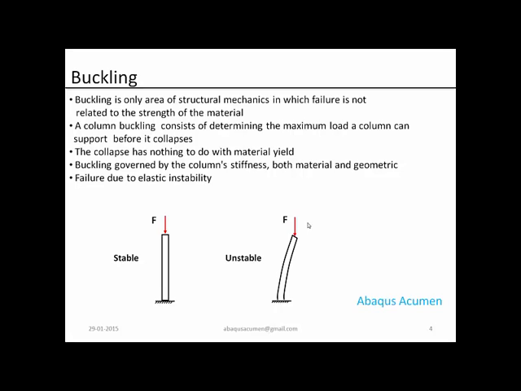Most of the time in buckling analysis we are determining a maximum load where the structure collapses, and this collapse has nothing to do with material yield. So there is no material yield. Buckling is mainly governed by two important parameters, a material stiffness parameter and a geometrical parameter, and this buckling failure is mainly due to elastic instability.